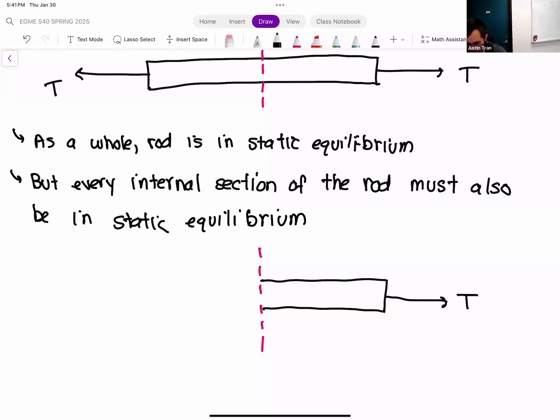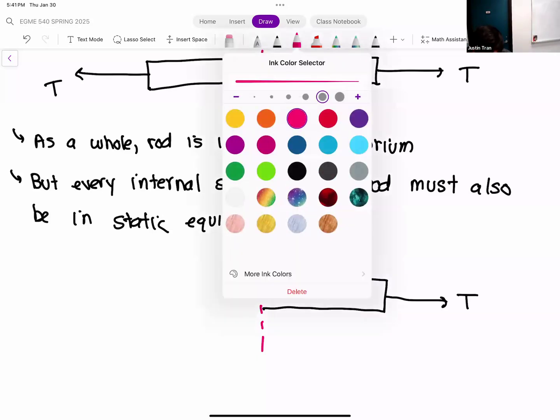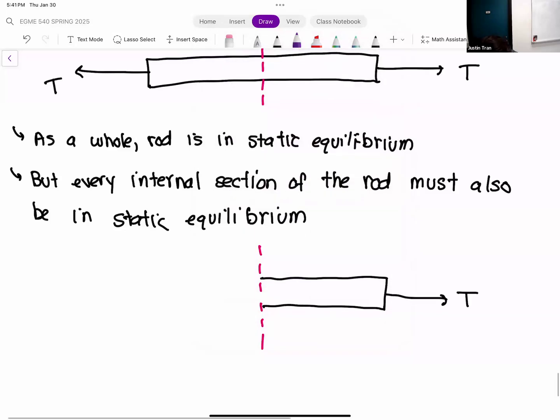To oppose this tensile force, we recognize that we cut the interior of the rod itself, and within that rod lies the ability to develop internal forces or internal stresses. So on this cut surface, those purple arrows are internal forces or stresses that oppose that external force T.